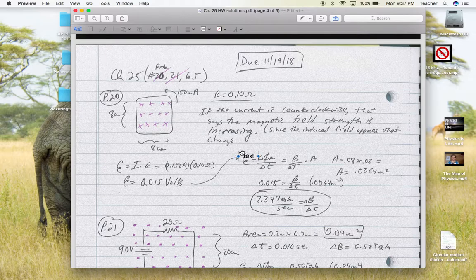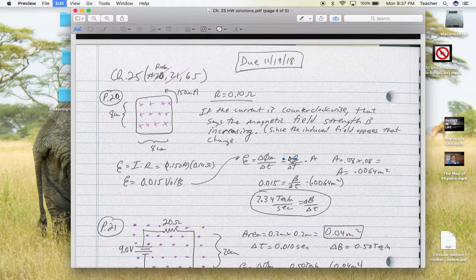I will fix that thanks to the miracle of editing. There, no one will know. So the area is 0.0064 square meters. That's equal to 0.015 volts times that change in flux.